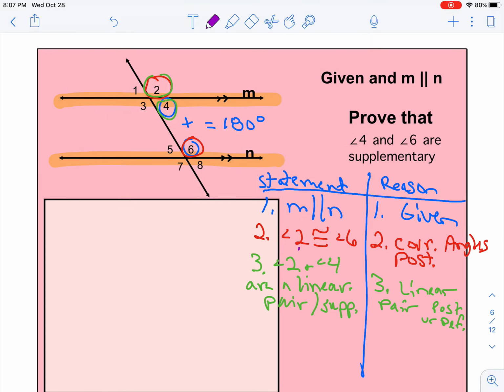Okay, so now we also know, since 2 and 6 are congruent, we can substitute what 2 is equal to in for this 2. So then what that means is that angle 6 and angle 4 are supplementary, and that would be by substitution.